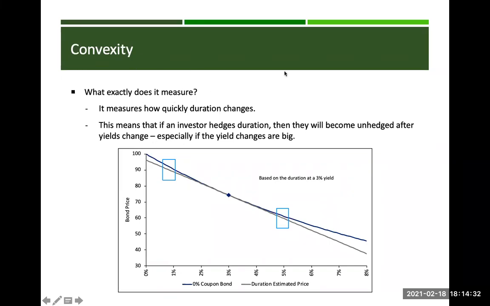I have a friend of mine who's an equity investor, and he doesn't even hide the fact that he doesn't really know much about bonds. But someone once said to him, he botched, I think, re-saying it, but duration is how much money you lose, and convexity is how quickly you lose it. And he thought it was great because he said, I never really understood what duration and convexity are.